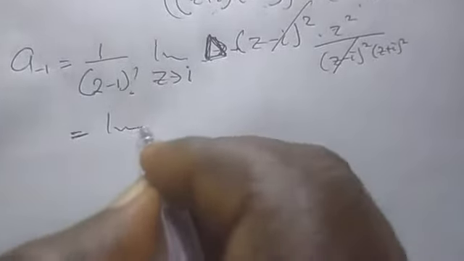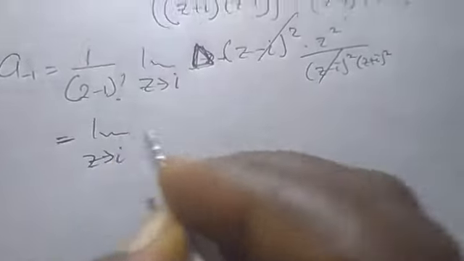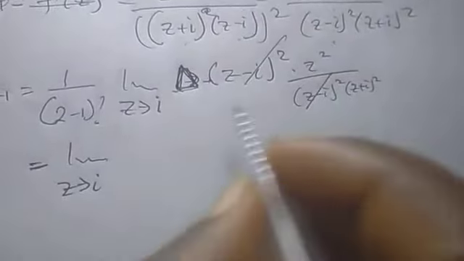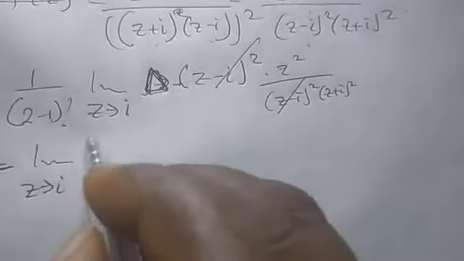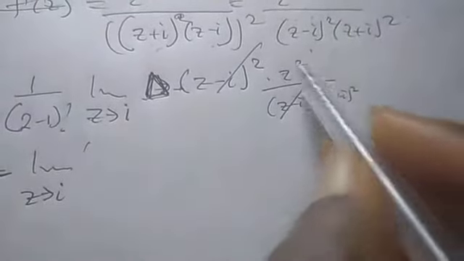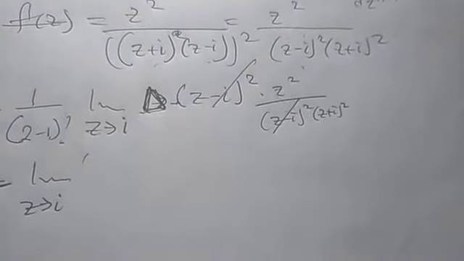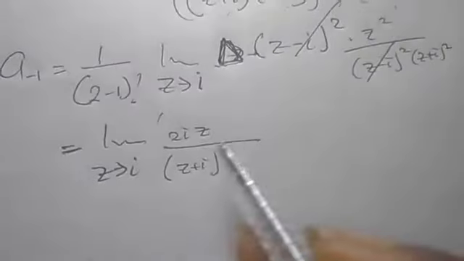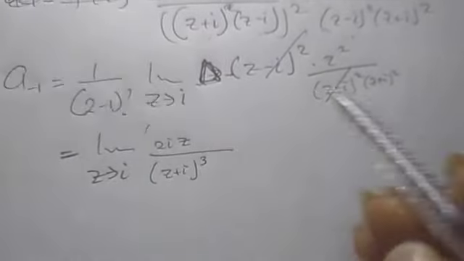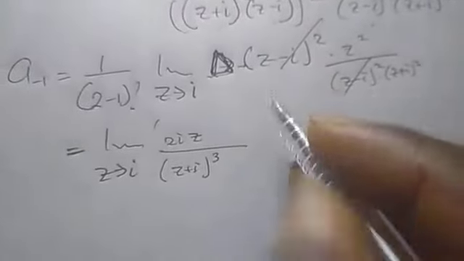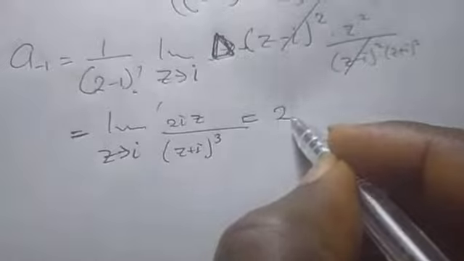We don't need it. What we have left is the limit as z tends to i, and we want to differentiate what is left once. Now I've differentiated it, it gives me this. I can now put z to be i.